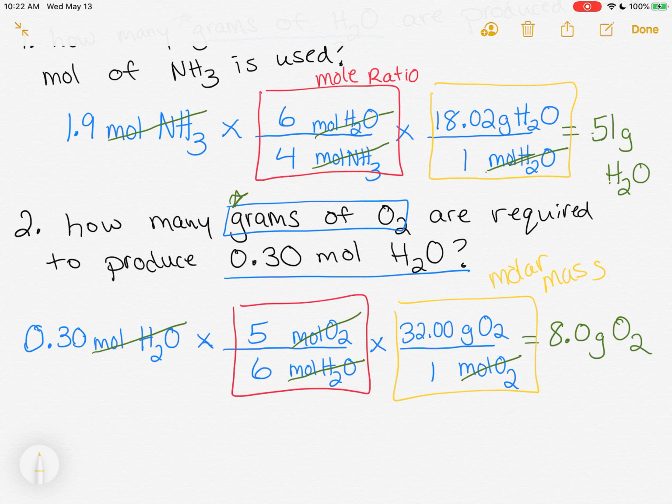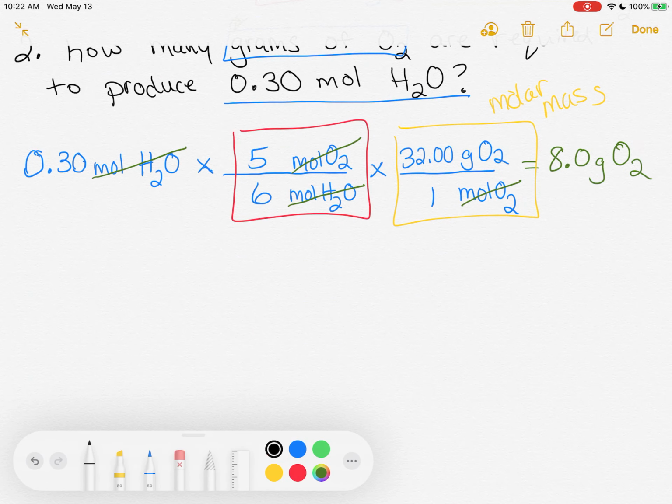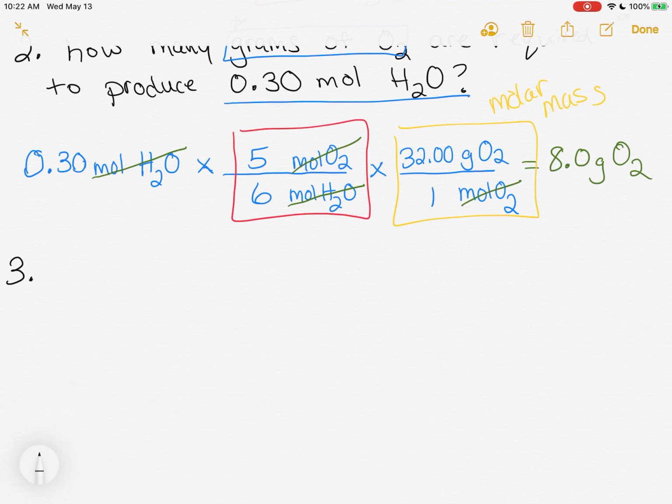Okay, now we're going to do 2 more questions, only this time we're going to have to use 3 conversion factors to get from what we have to what we want. Okay, the nice thing about conversion factors is you can use as many in a row as you want to.